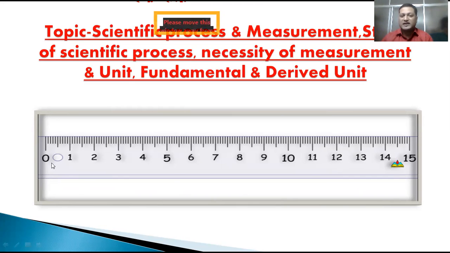Yes, you are absolutely right. This is so common. That means it has some numbers. Why are these numbers given on the scale? Because to measure something. If you want to measure something, such as clothes or anything, you need a tape or a scale. Here this scale starts from 0 and ends at 15.